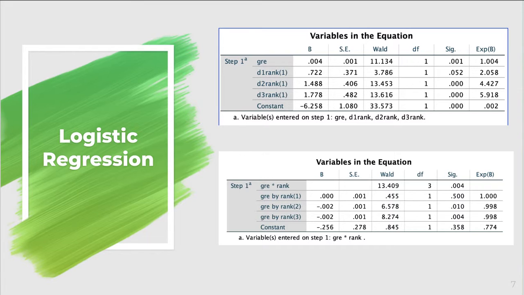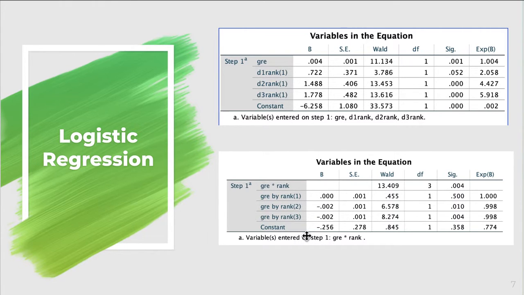Then for the exponential of the B coefficient, our odds ratio will tell us if our odds will increase. For our first dummy code, rank 1 was 0, 2 was 1, and 3 and 4 were 0.